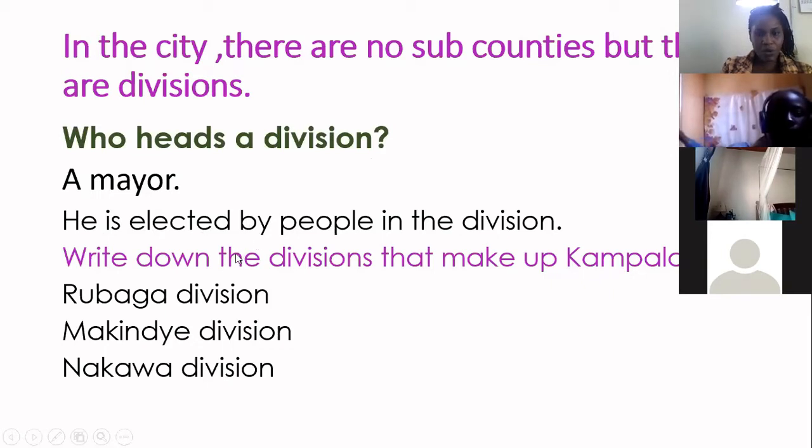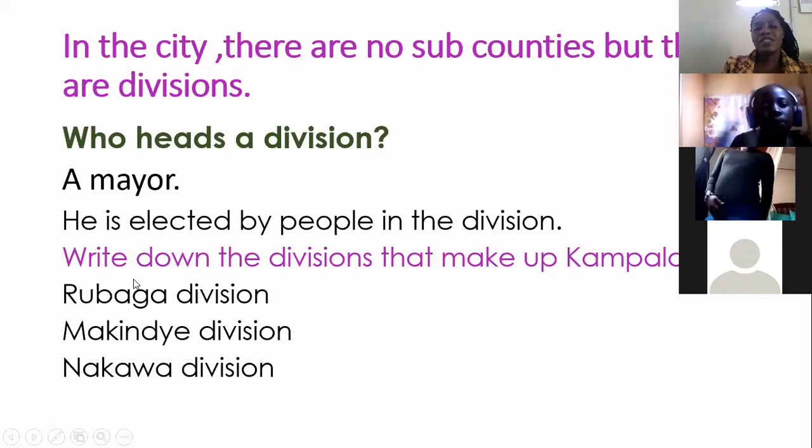We got another question on our screens. We are looking at the divisions that make up Kampala district. Remember, at first we were looking at the parishes or zones, but now we are looking at divisions that make up Kampala district.